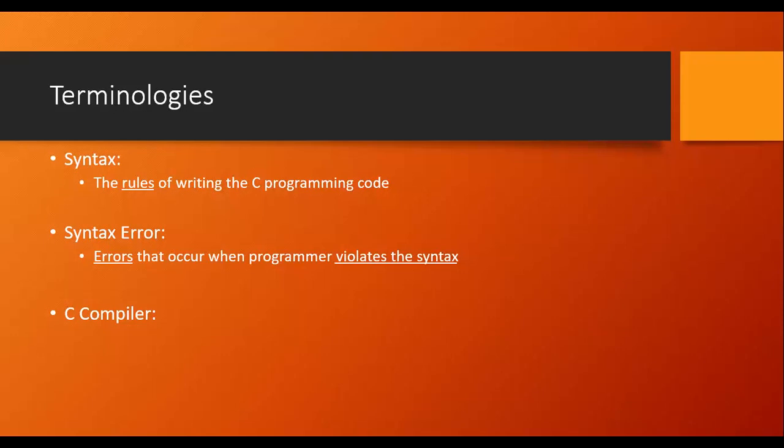Now, there should be one particular body, or a software basically, that has to check whether the programmer has written the statements or the program properly or not, whether all the statements or the entire program is syntactically correct or not. There should be some program that has to validate whether each and every statement of that particular program is correct or not. There should be someone who can check and validate whether the rules have been taken care of or not.